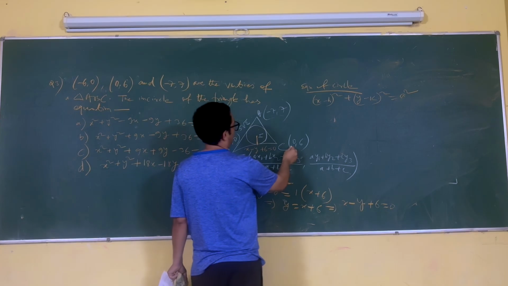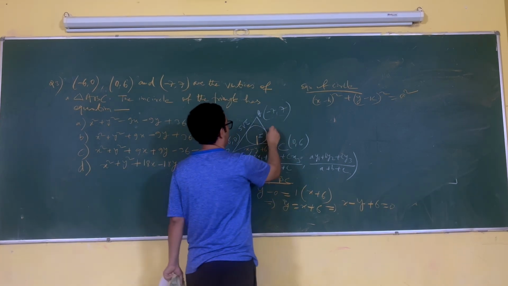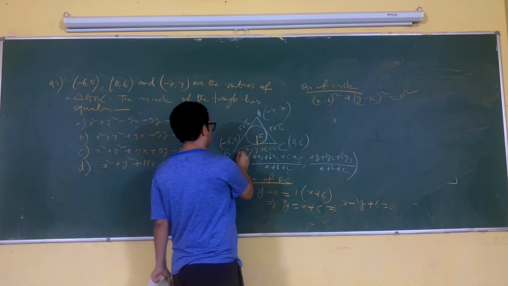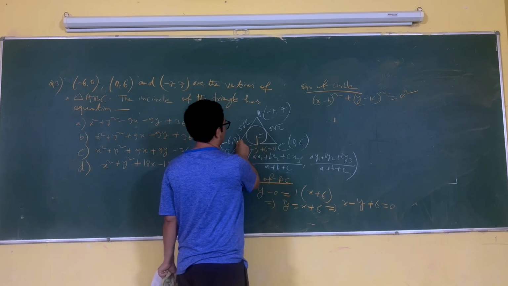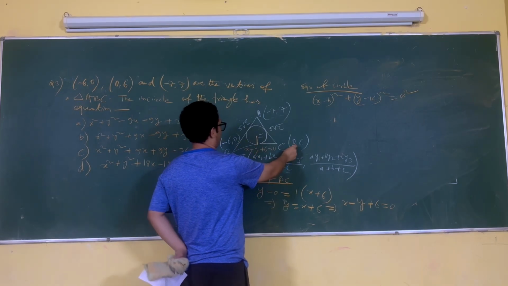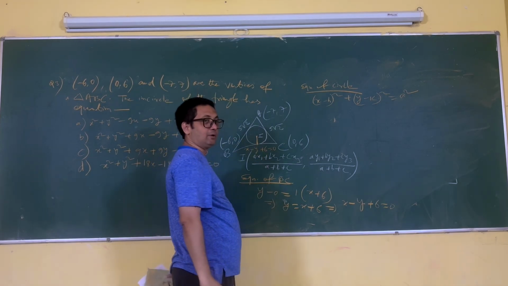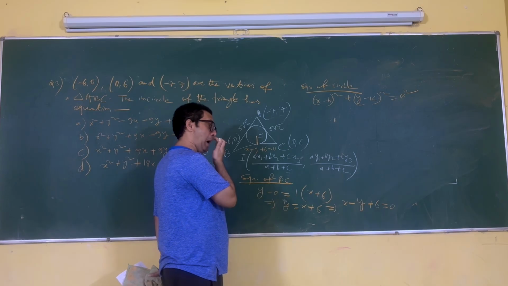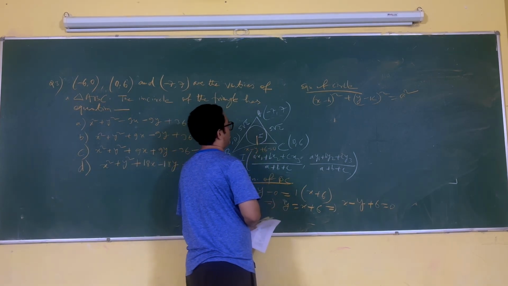In a similar way, the other length is also 5 root 2. What is this length? Minus 6 and minus 6, so 6 square plus 6 square, 36 plus 36, 6 root 2, correct. So BC will be 6 root 2.